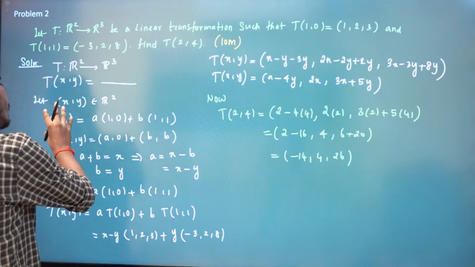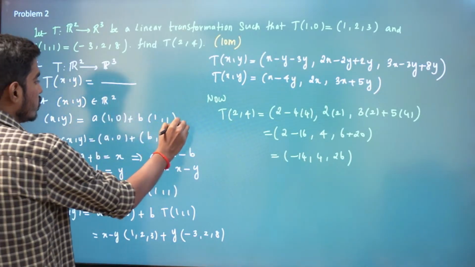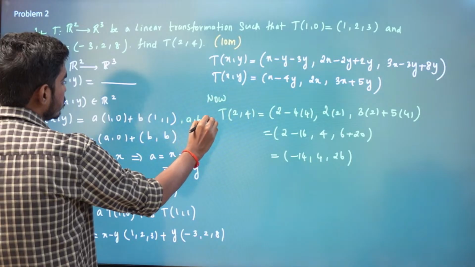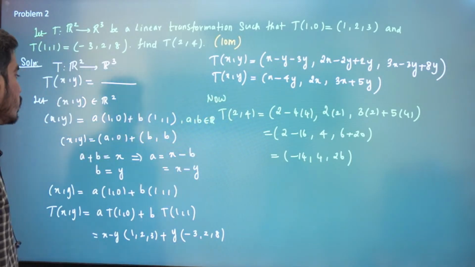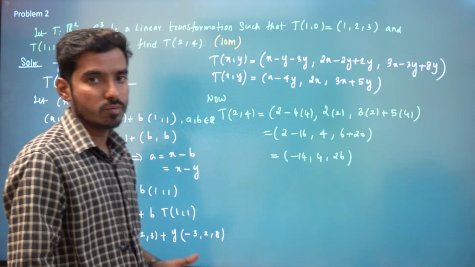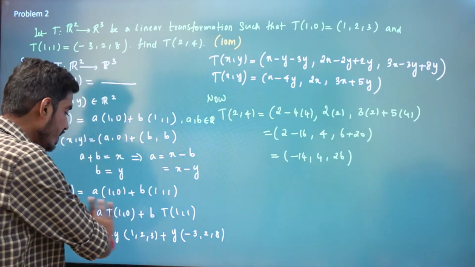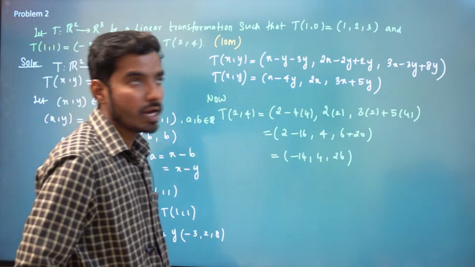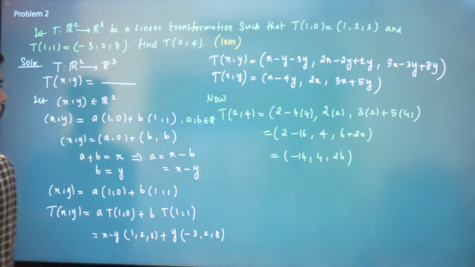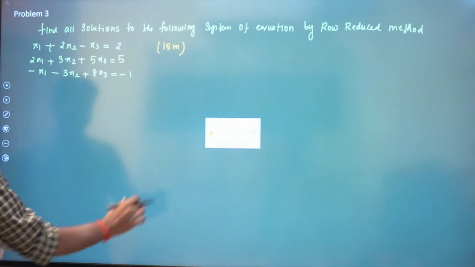So you can write (x, y) as a linear combination, where a and b are scalars. Now you have to find a and b in terms of x, y. You apply T on both sides, you will get a linear map. Now they are asking T(2, 4). Yes. We'll move on to the next problem.